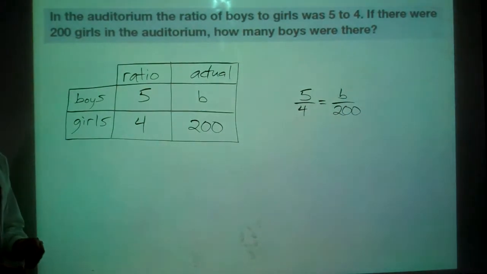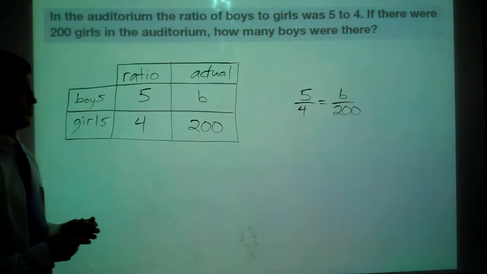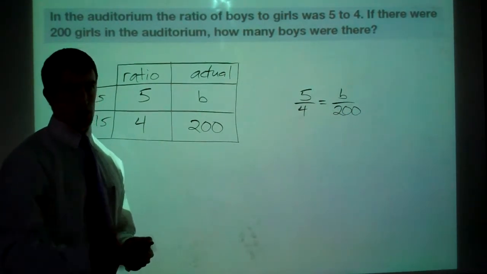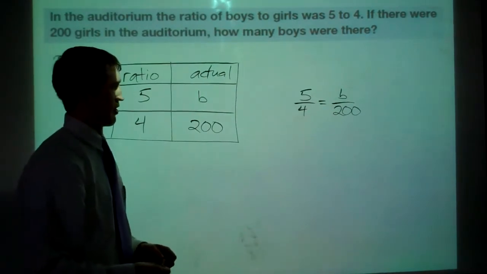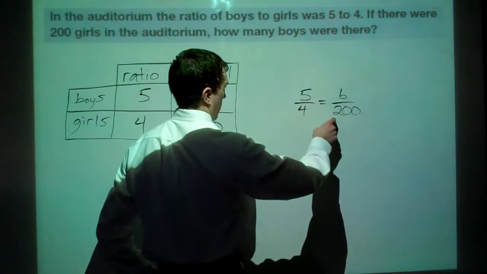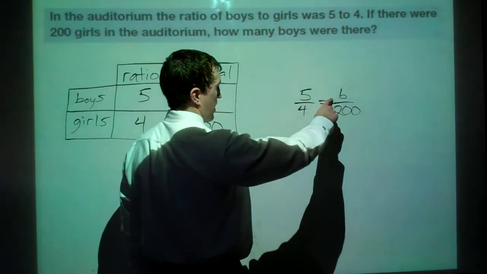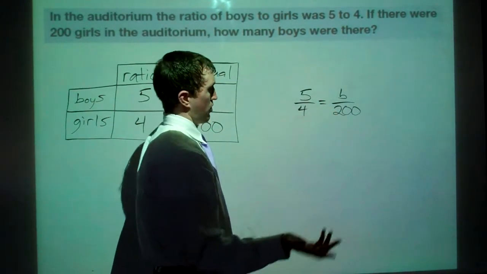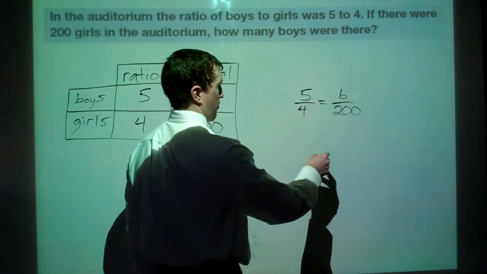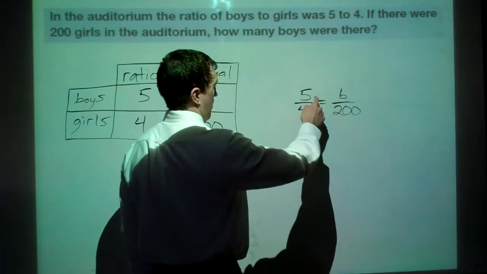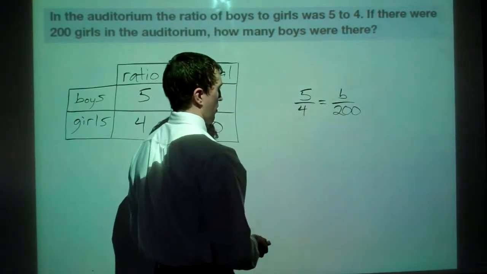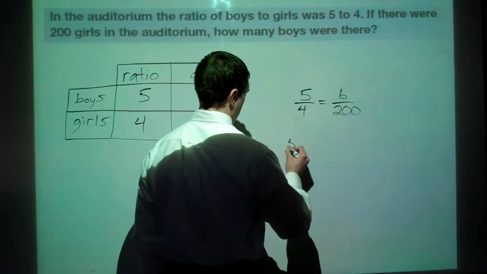And we want, once again, we could use the cross products if we want to, because when we know if proportions are equal, the cross products are equal. So 5 times 200 should equal 4 times B, or that shortcut once again, to solve for B, cross multiply divide. 5 times 200 divided by 4. So we could do that.